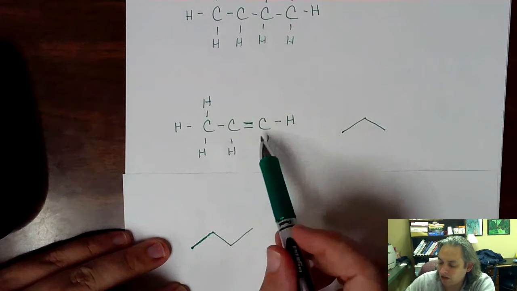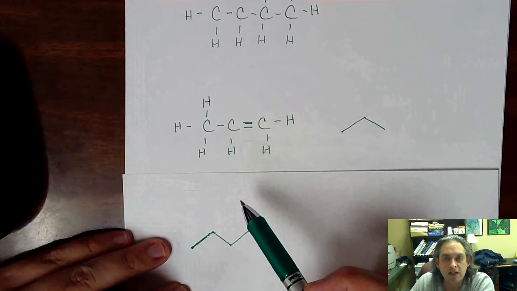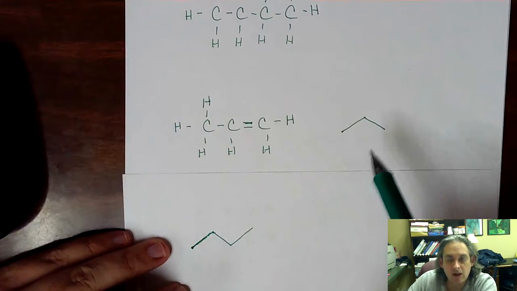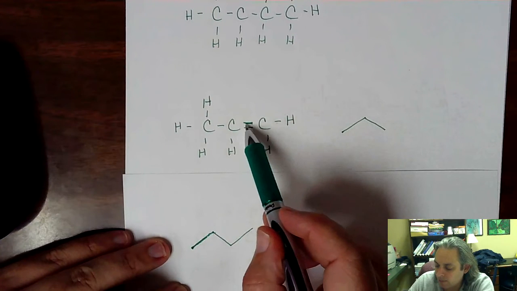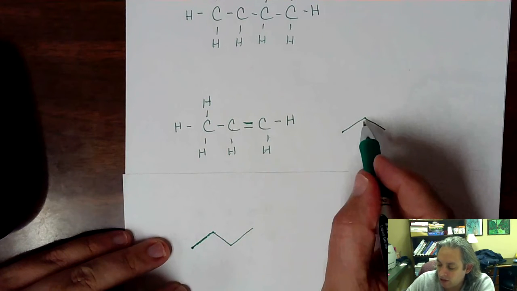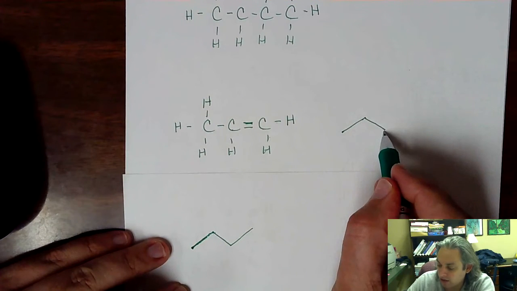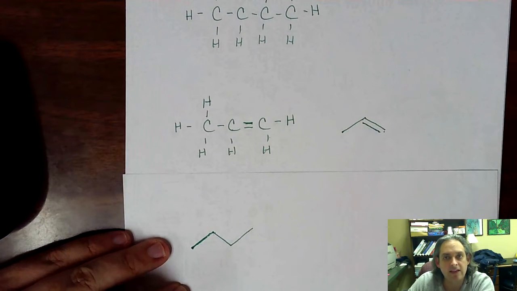Now this molecule is a little bit different because we have a double bond. If there's a double bond in your compound, you have to represent that double bond in the shorthand notation. Notice that this double bond is between this middle carbon and the last carbon. So we're just going to put another line to represent that double bond.